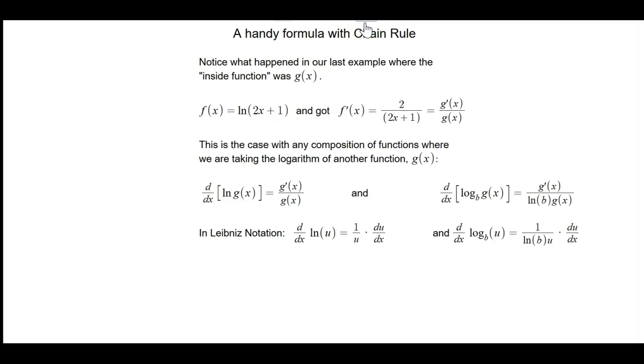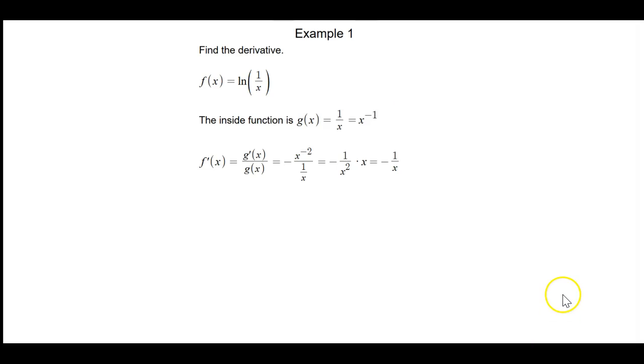When you have the natural log involved in a composite function and it's the outside function, the result ends up being the derivative of the inside function divided by the inside function itself. Like in our example, the derivative of 2x plus 1 is 2, and then the function itself is just the denominator.